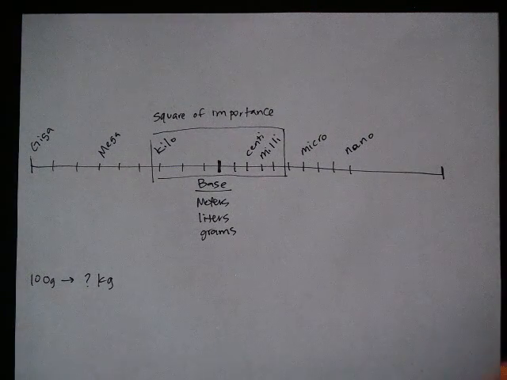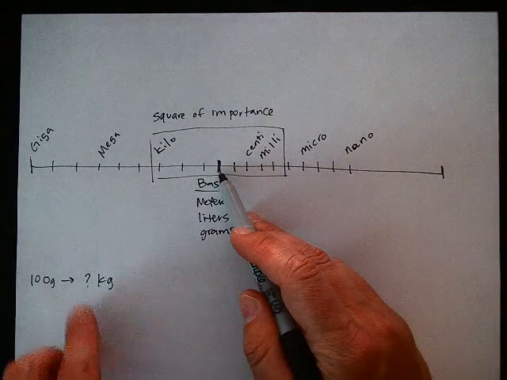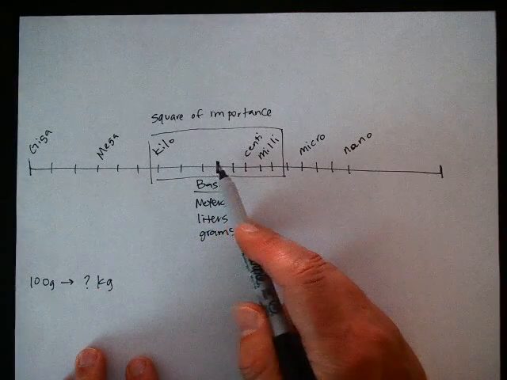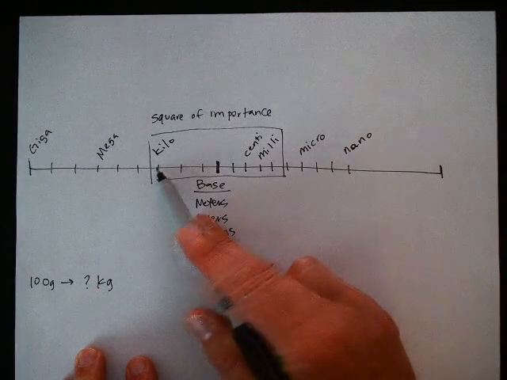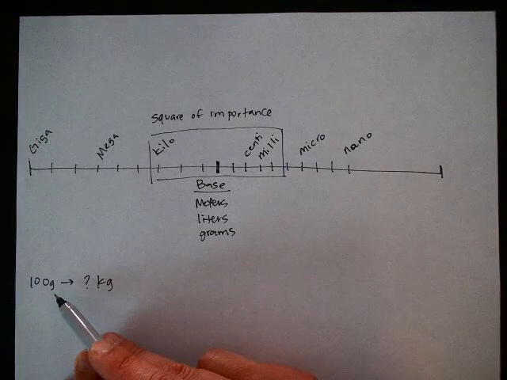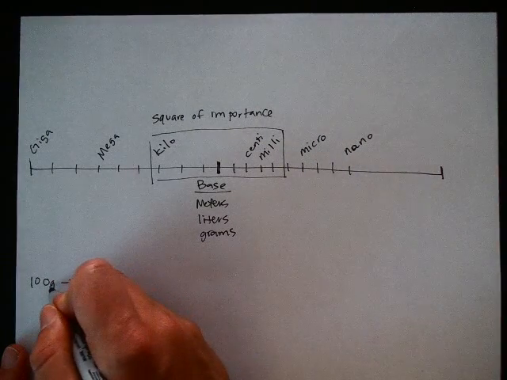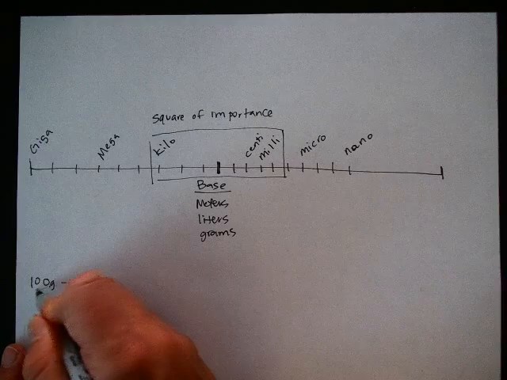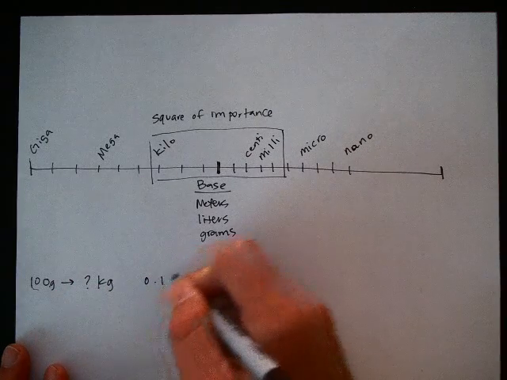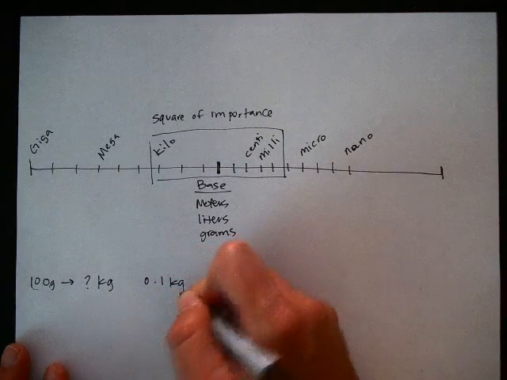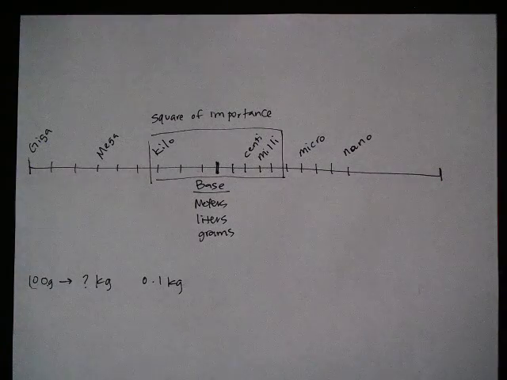And all you do is you go from the base unit, and I want to get to kilo, the K. So I go 3 spots to the left, 1, 2, 3 spots to the left. And I just take my decimal and I move it 3 spots to the left. So the decimal is right here, 100 point, and go 1, 2, 3 spots to the left, which would be 0.1 kilograms. So 100 grams is 0.1 kilograms.